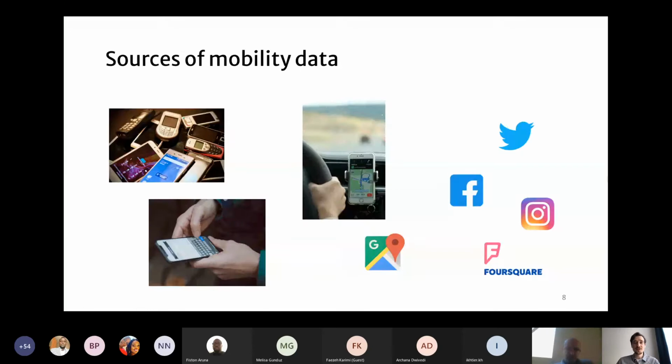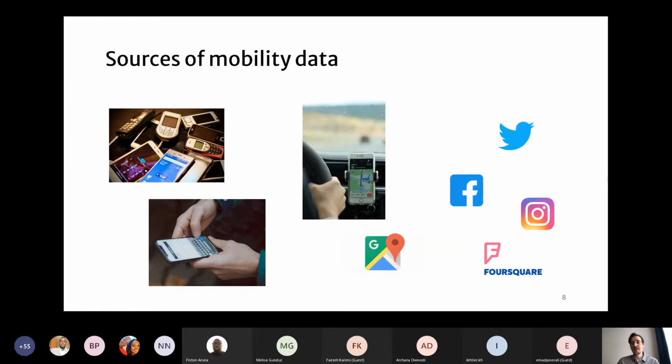And so this has opened up a great new way of getting knowledge about human mobility through these devices, ranging from mobile phones, which started out as dumb phones, then to smartphones, which generate exponentially more data, especially if you use them in applications like navigation.